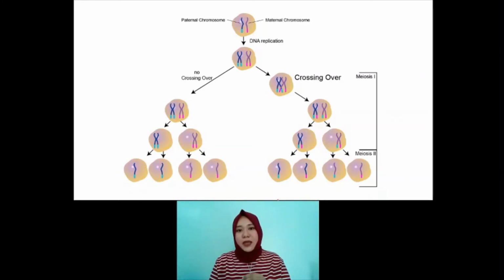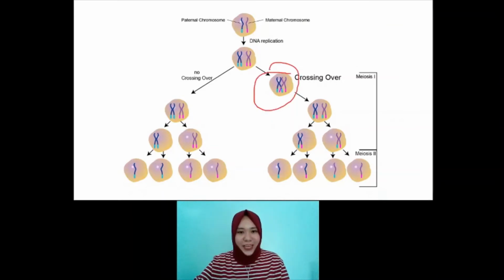So how does it happen naturally? Through the process of crossing over during meiosis, or formation of gametes during meiosis. If you could remember, there is a phase in meiosis in which the chromosomes, the homologous chromosomes, pair up, for example. Okay?